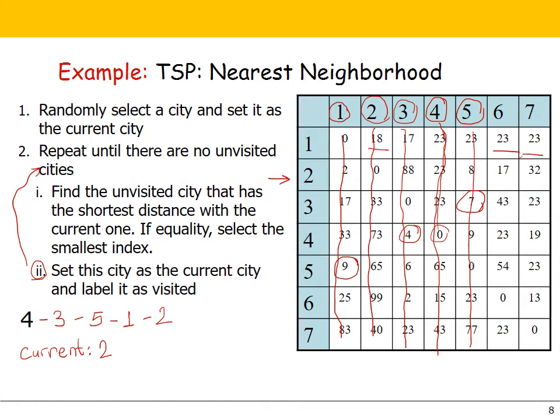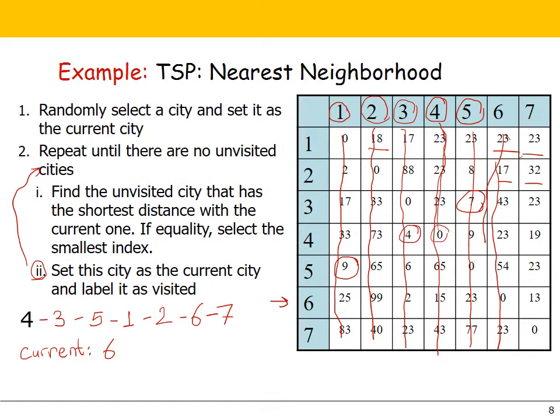From 2 I will look at the unvisited ones, which are this and this, and I see that 6 is the unvisited one, so 6 becomes the current one. Current is 6, and since there's only one city remaining, I will move to 7.